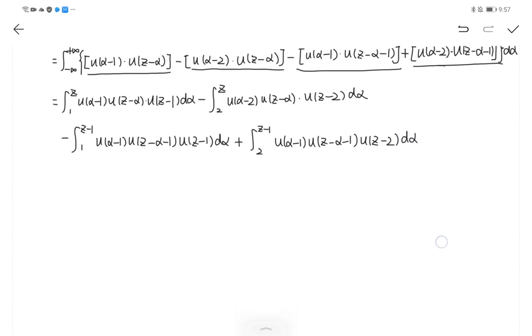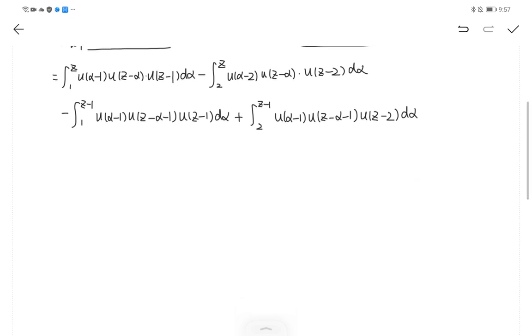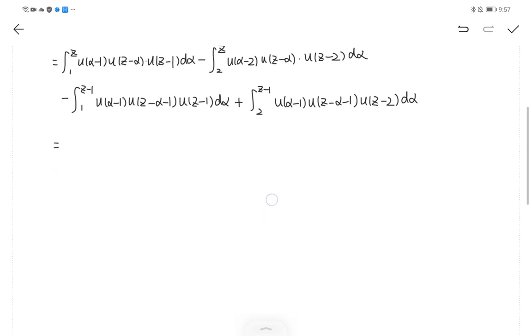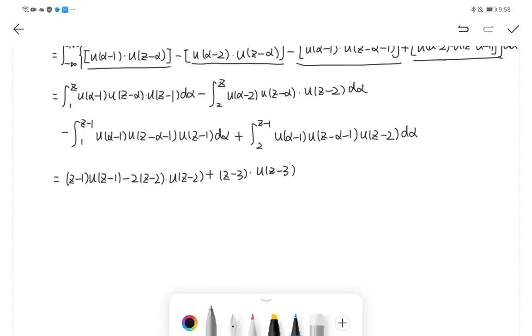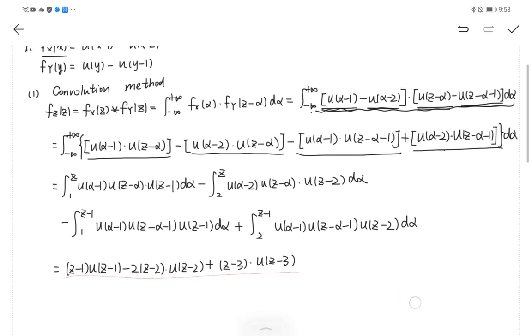So we can calculate all of them, and the answer is (z minus 1) times u(z minus 1), minus 2 times (z minus 2) times u(z minus 2), plus (z minus 3) times u(z minus 3). And this is the answer for question 1.